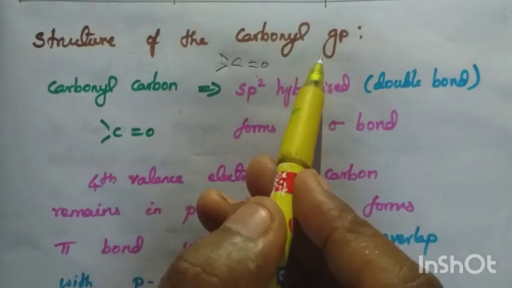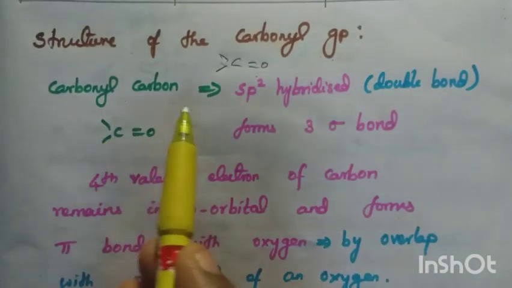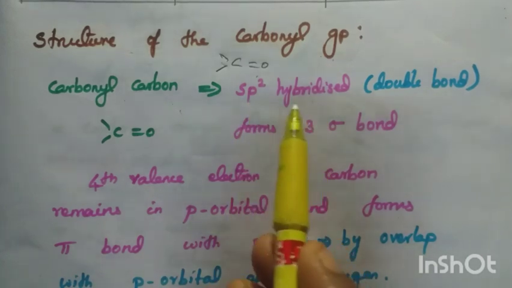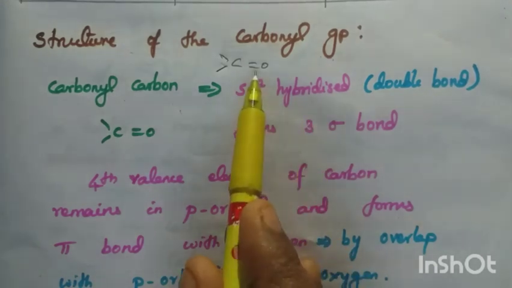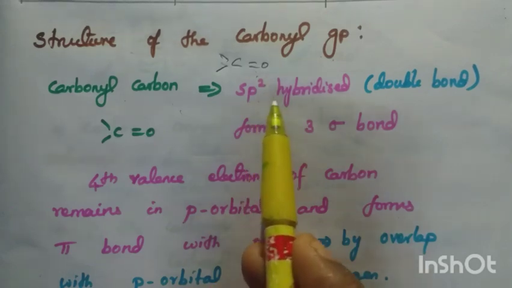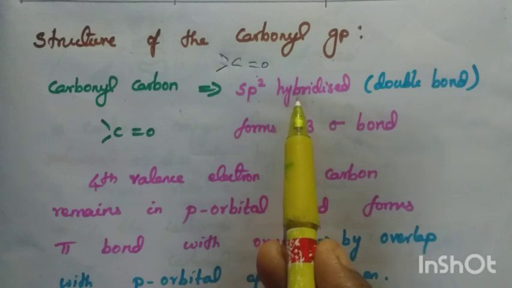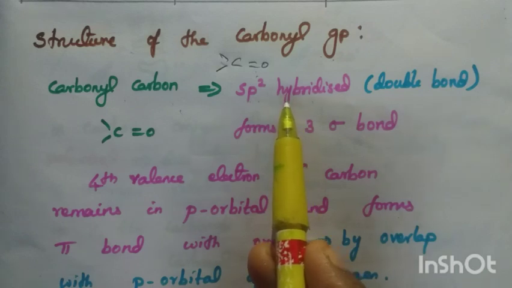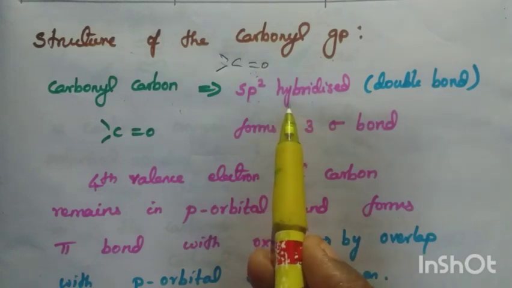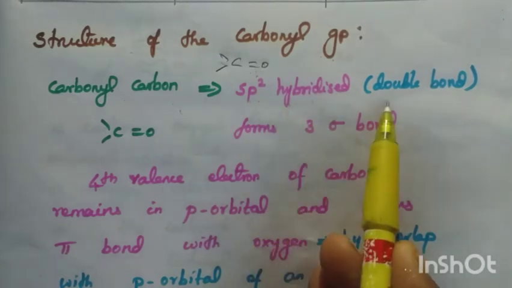Now, in this structure, the carbonyl carbon is sp2 hybridized. Why is it sp2 hybridized? Because of the double bond. sp3 means single bond, sp2 means double bond, sp triple bond. We already discussed this. The carbonyl group has a double bond, so it is sp2 hybridized due to the presence of a double bond.